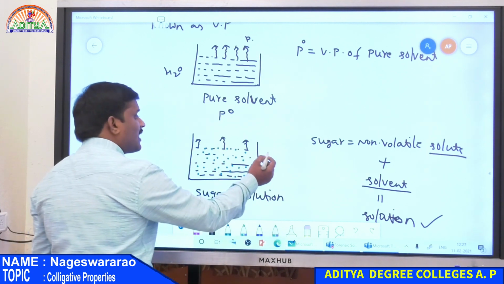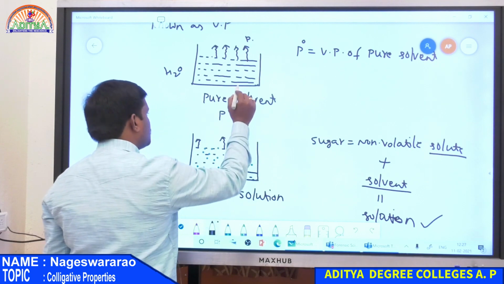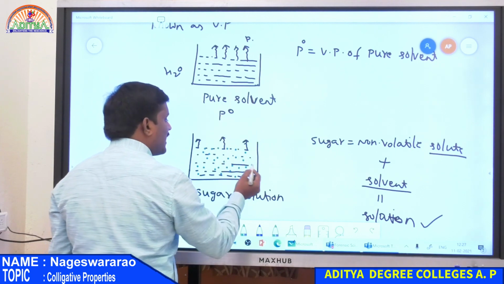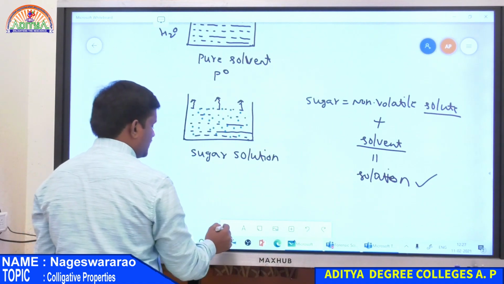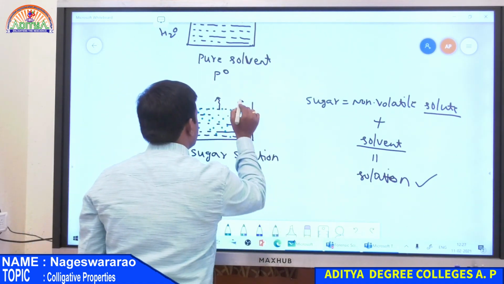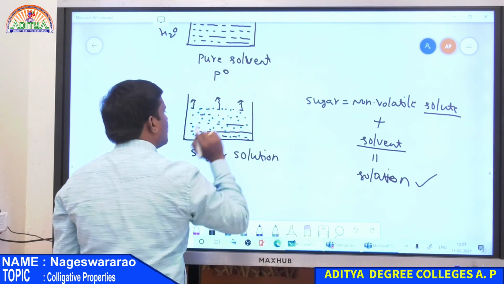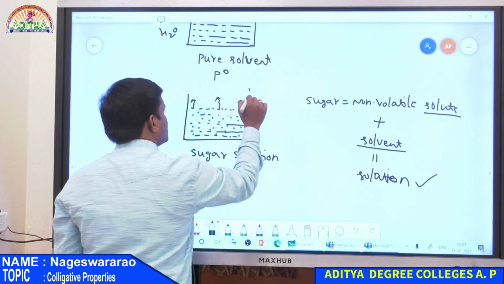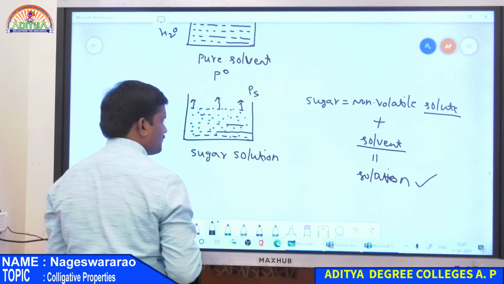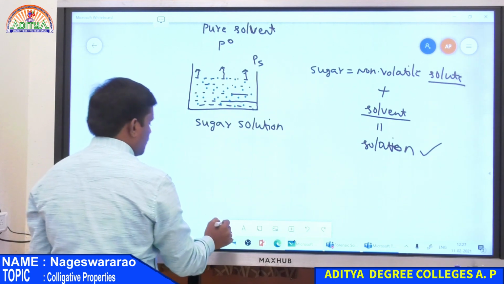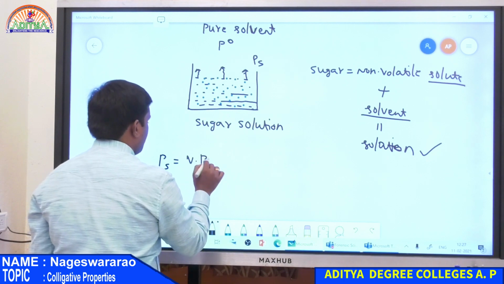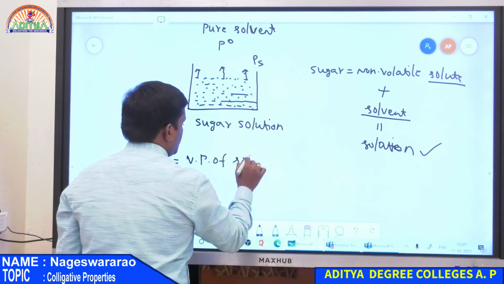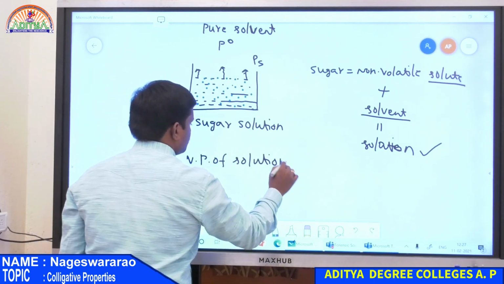Therefore, after adding a non-volatile solute to the solvent, its vapor pressure decreases, and it is represented as PS. This is the pressure after adding the non-volatile solute, denoted as PS, where PS is nothing but the vapor pressure of the solution.